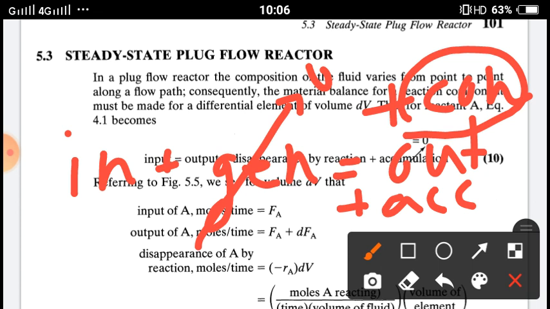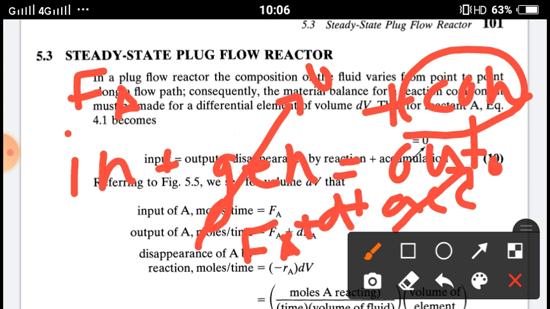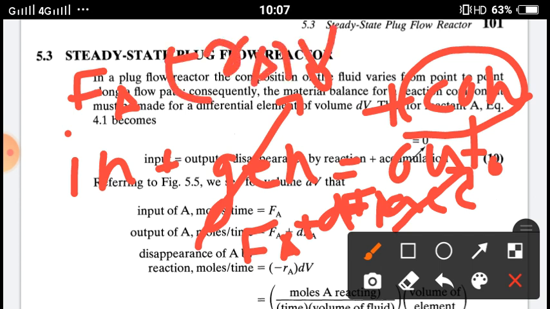Then the accumulation term will also get cancelled out, because over here this is the continuous flow of a reactant, so there is no accumulation within the reactor. Now we will replace in with FA, out with FA plus dFA, and consumption with minus rA, the rate of reaction, times the volume of the reactor.